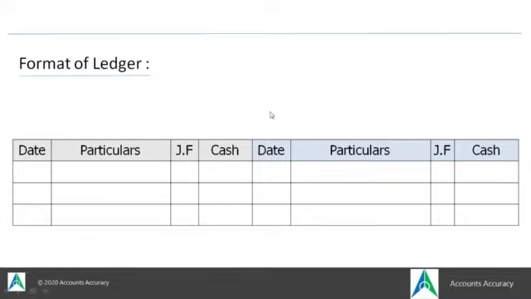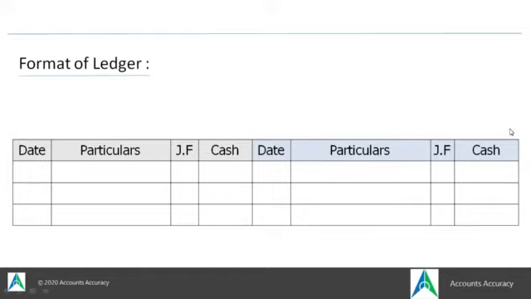So you can see here 1, 2, 3, 4 blocks on the left side. Again the same 4 blocks will be repeated on the right side. And in every case you need to write DR on the left hand side and CR on the right hand side.